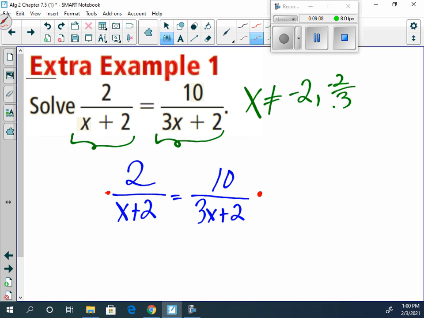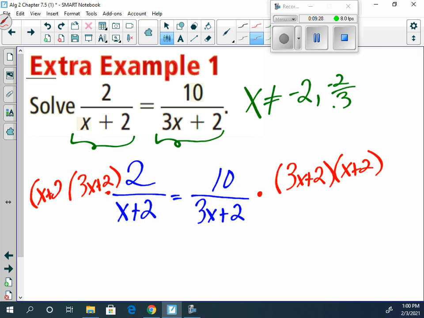What are we going to multiply both sides by? 3x plus 2. Anything else? And x plus 2. We're going to use both of these here, because we're just using what's on bottom to simplify the fractions out.